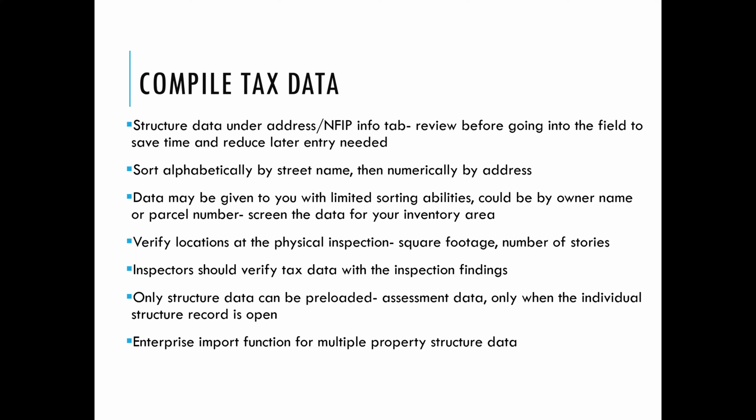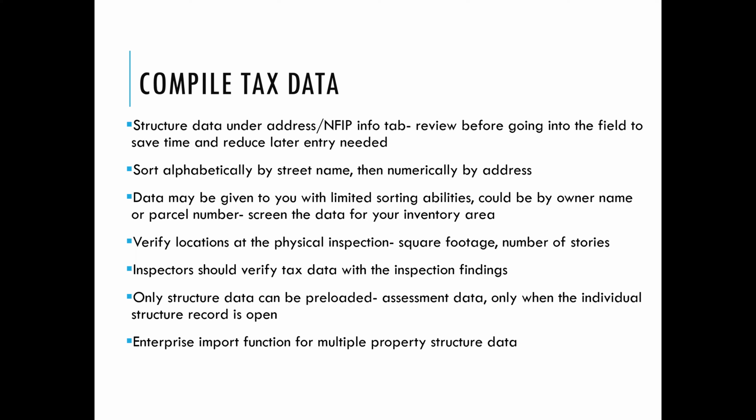Verify the locations at the physical inspection, so the square footage and number of stories. We want to verify that because we need to know that for doing the assessment. There are tabs in the tool for you to enter that information. So verify the tax data with the inspection findings. We're just doing that cross check to make sure that it's accurate. And then structure data, again, can be preloaded.